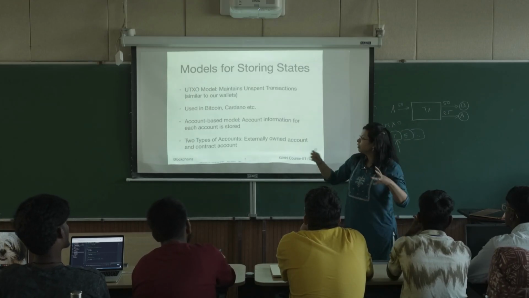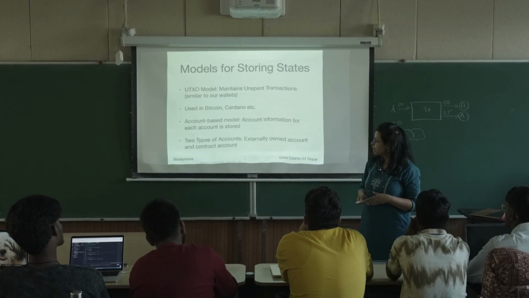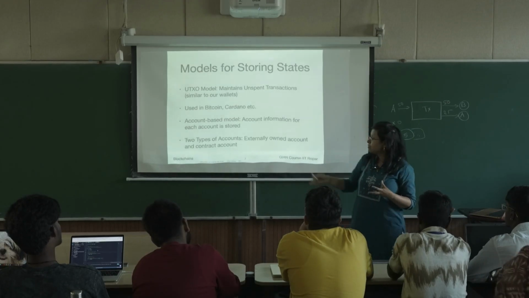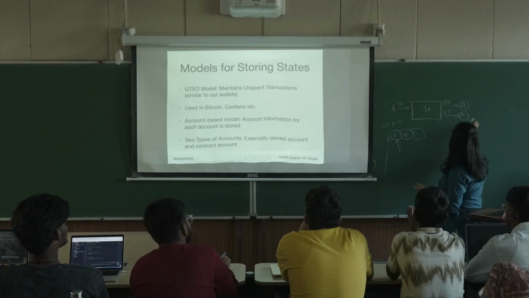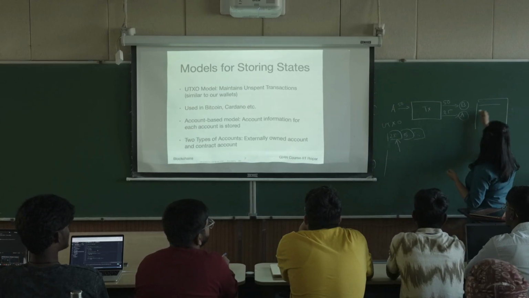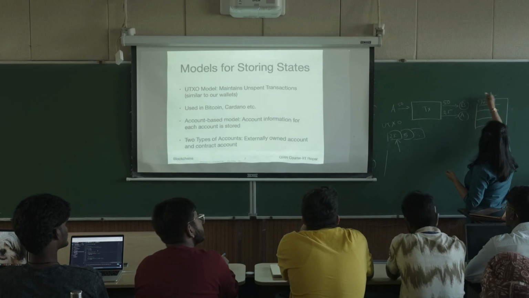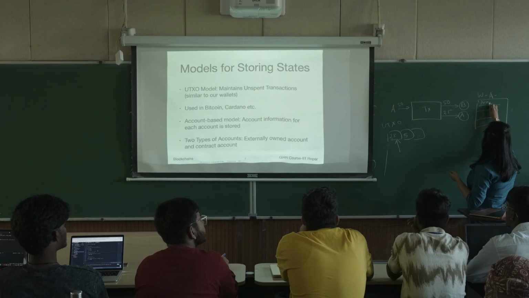However, Ethereum works in a different way. Ethereum has an account-based model, and an account is essentially an account address. Every person, think of this as a wallet, can have multiple accounts. This is Alice's wallet, and this is account A1, account A2, and so on.